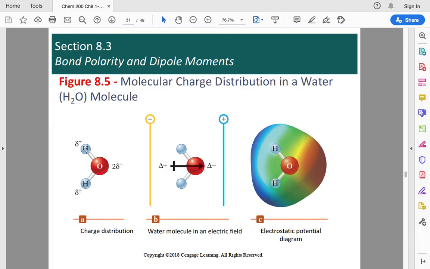We know that in an H-O bond, the hydrogen would be slightly positive and the oxygen would be slightly negative because the oxygen is more electronegative than the hydrogen. So the electrons are hanging out on this side of the bond. And they're hanging out on this side of the bond in this hydrogen as well. Does that make sense? Each of these is its own bond. So slightly positive, and this would be overall slightly negative.